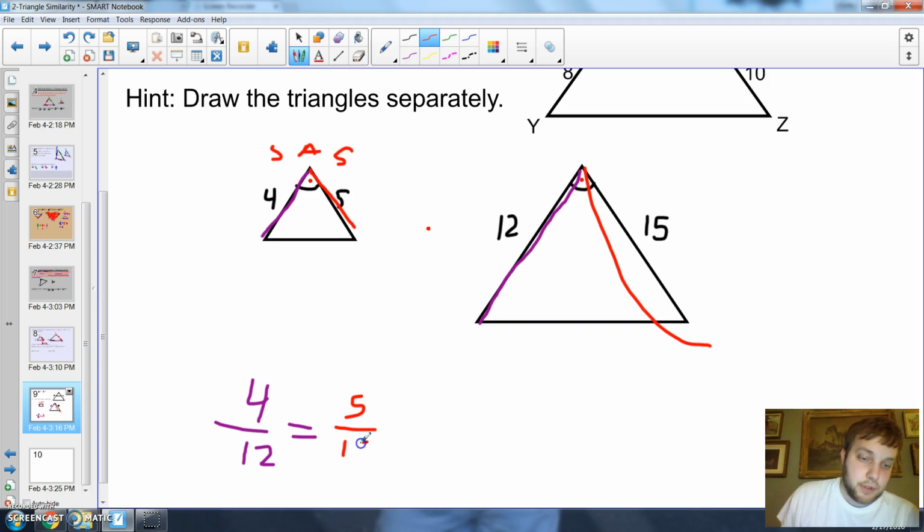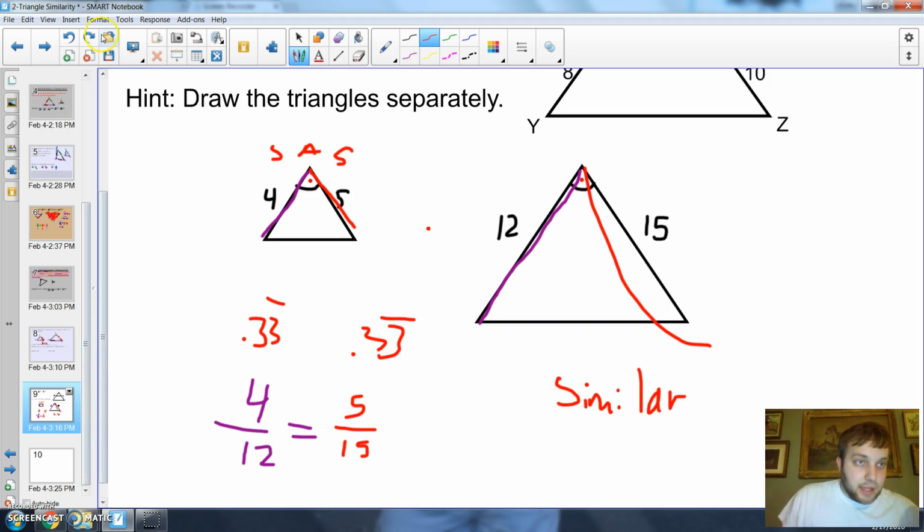I don't have enough time. 4/12 is 0.333 repeating. 5/15 is 0.333 repeating. Are they the same? Yes. Similar.